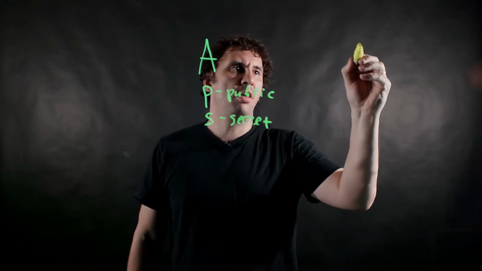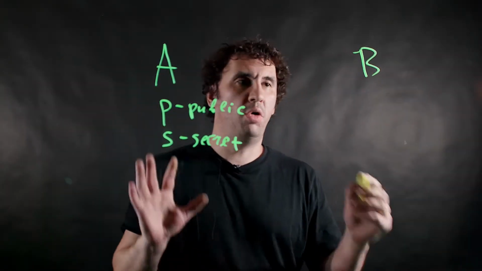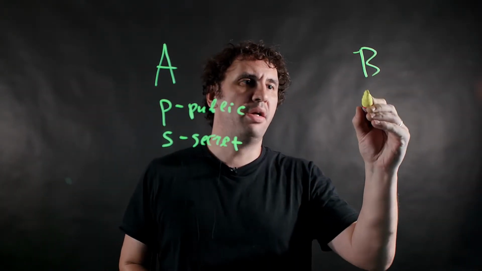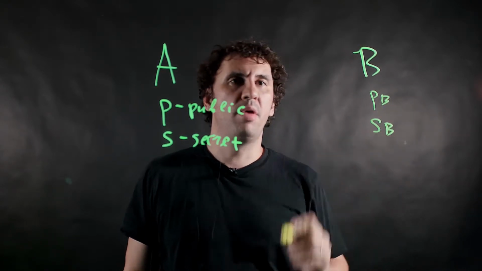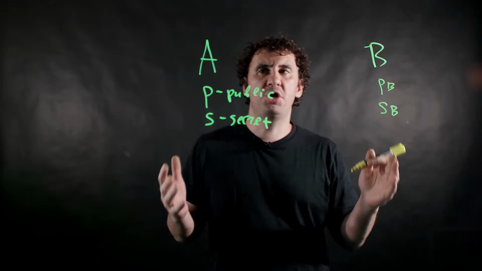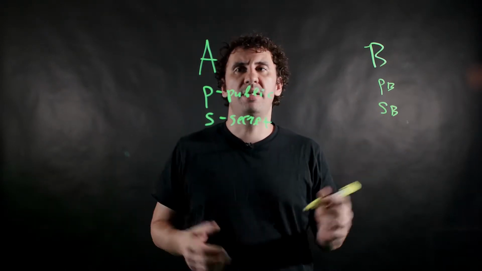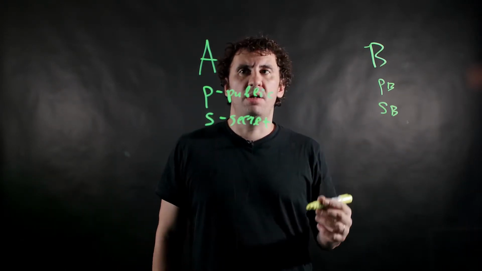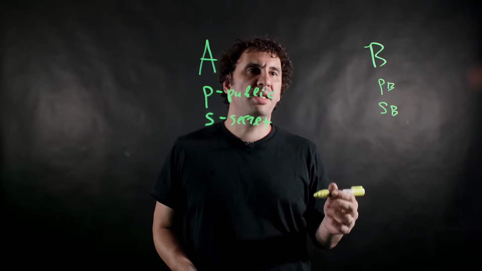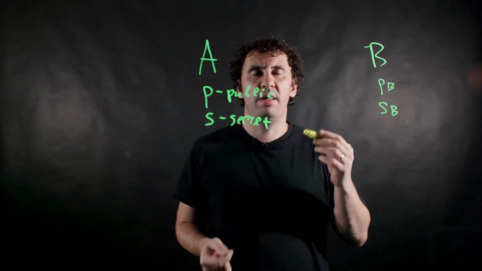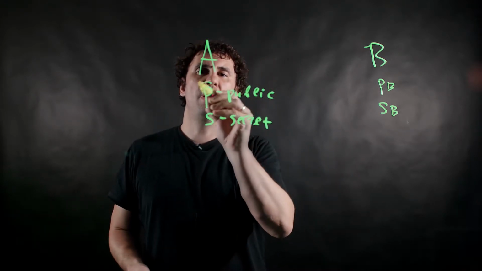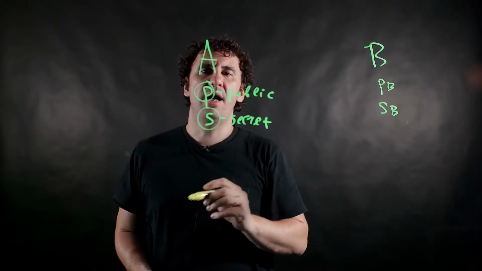Bob also has his key pair, the public key of Bob and secret key of Bob. We will use it in the informational exchange between Alice and Bob. The first scheme we need to understand is the secret transfer of information. In the asymmetric cryptography, the roles of these two keys are different.